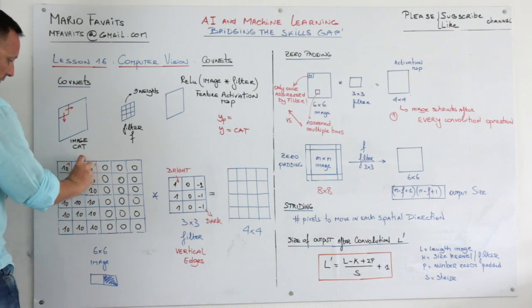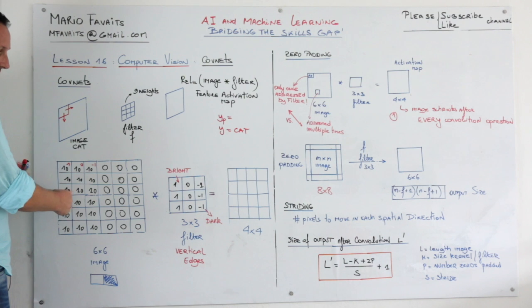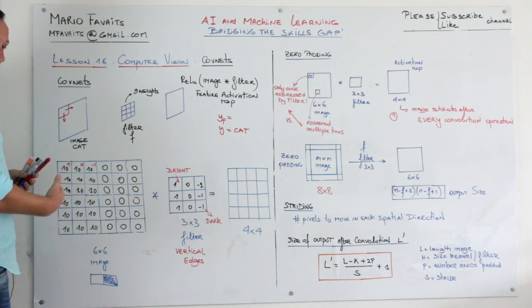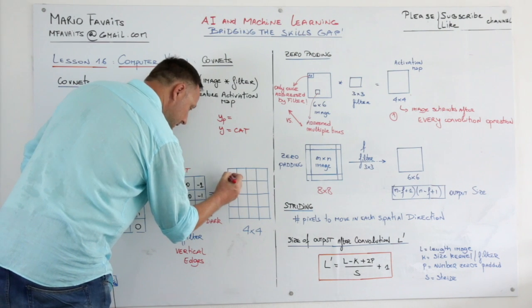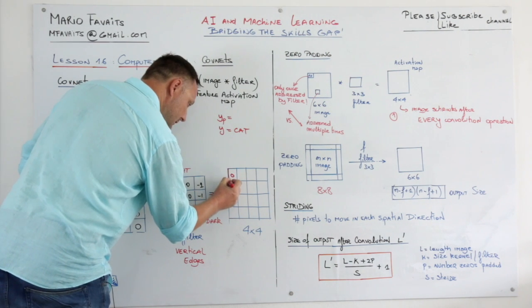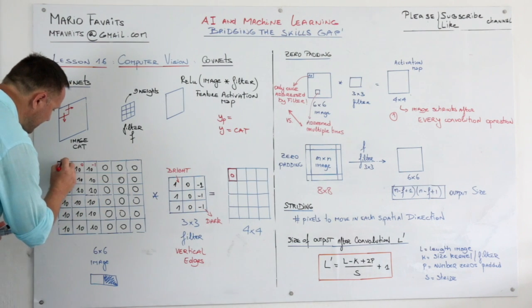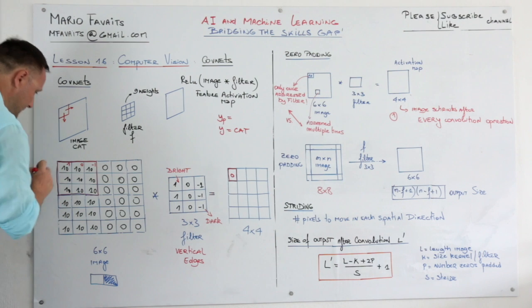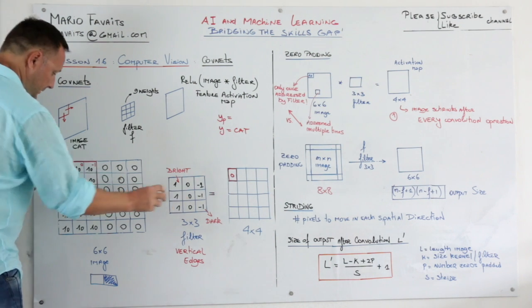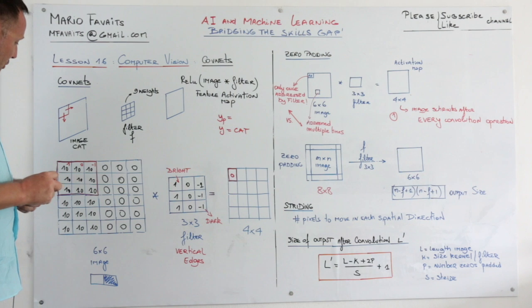So the first row with this first row gives 0. Since the rows are the same, this will give 3 times 0, and 0 plus 0 plus 0 is 0. So your first element here is going to be a 0. That is basically the convolution of this filter upon these 3 columns and rows.